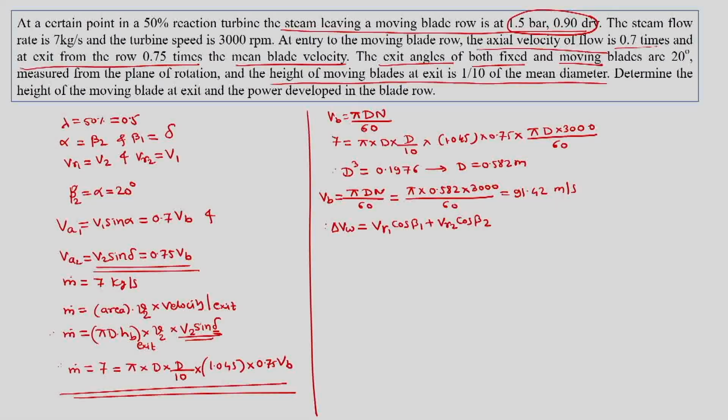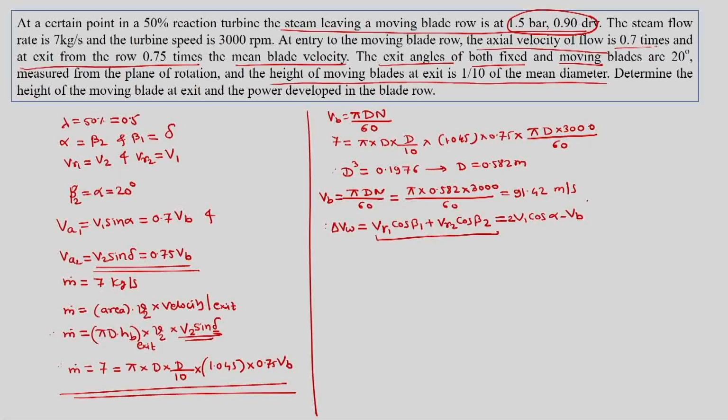beta 2. But in general, we can write this expression. However, in case of 50% reaction, the same expression can be written as twice V1 cos alpha minus Vb.